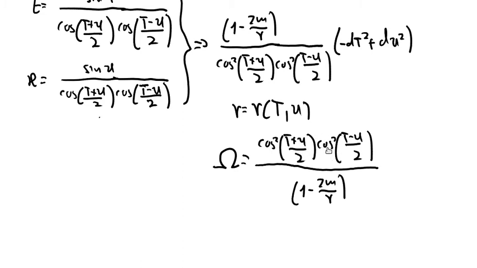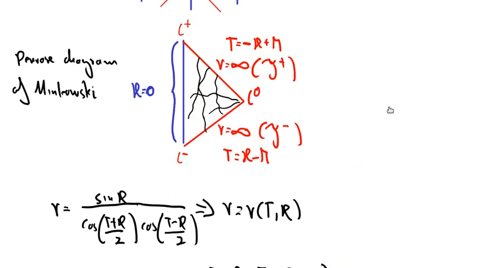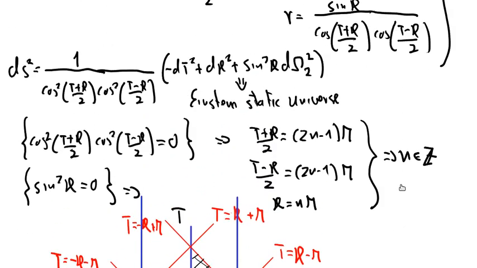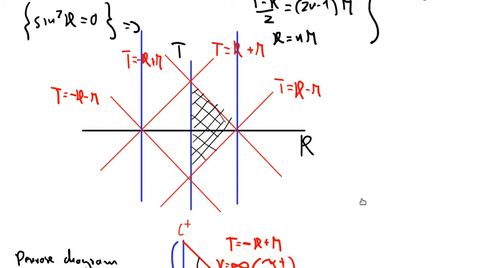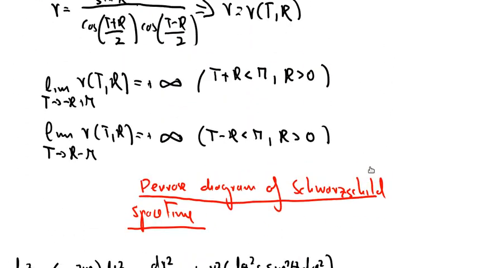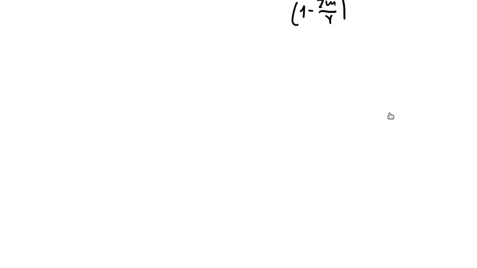So I only need to go back to the study which we did for Minkowski, and I have to redraw this diagram, but adapted to our situation. So that's what I'm going to do next.